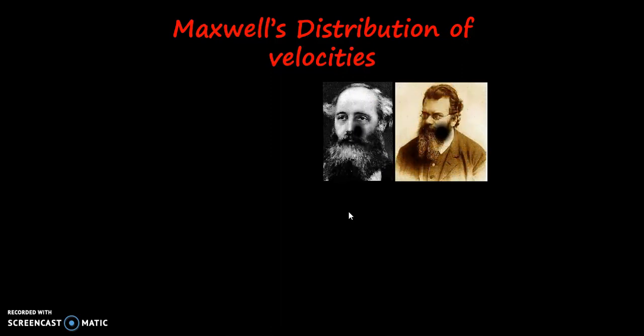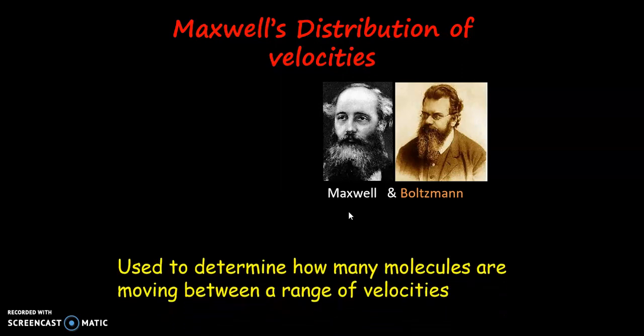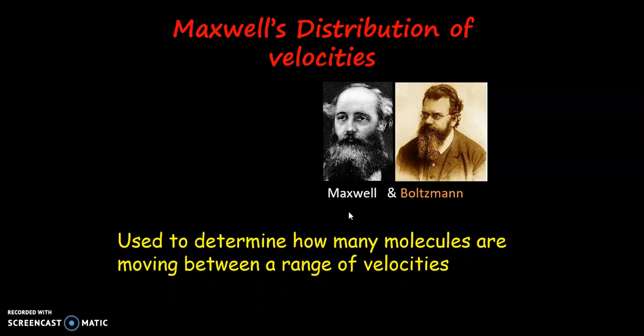The distribution of molecular speeds or velocities is given by Maxwell and Boltzmann and is usually called Maxwell's distribution of molecular velocities. It is used to determine how many molecules are moving in a range of velocities.